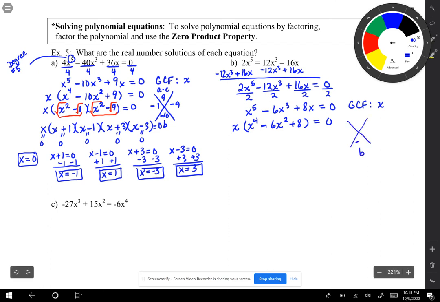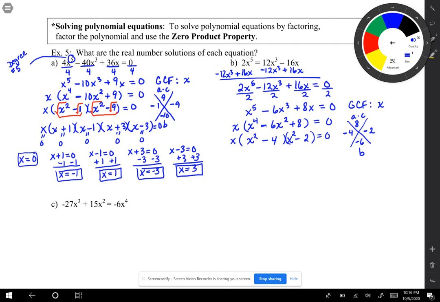B is negative 6, and A times C is 1 times 8. Negative 4, negative 2. So negative 2, negative 4. And what goes here is not just plain x, because it's x to the 4th, it's x squared.